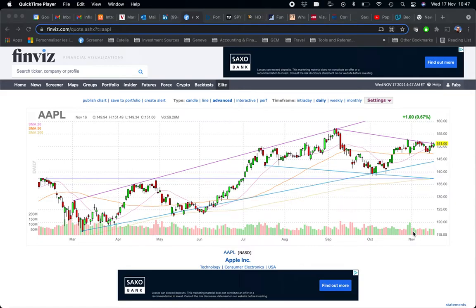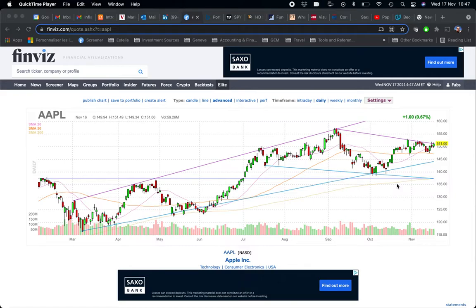So one thing that we have discussed this week was about a correction in the market. We can see that since the beginning of October, the market has been growing, and in almost all portfolios, your stocks are performing quite well.